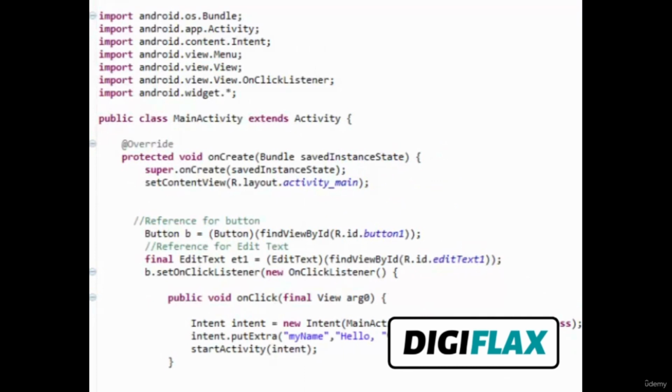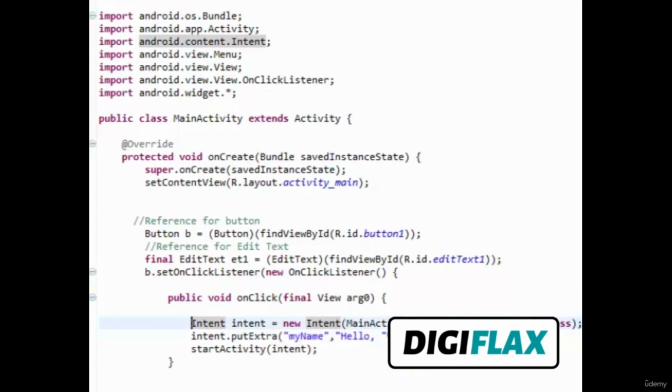Now b.setOnClickListener is an event listener to the click event on our button, and we are creating one anonymous function which is onClick, and it means that when you click the button this function will be executed.